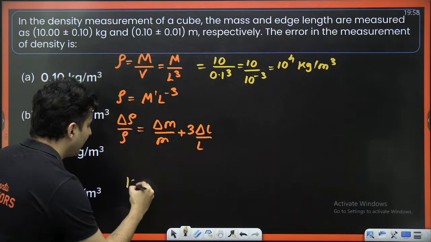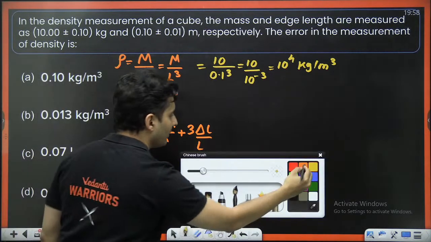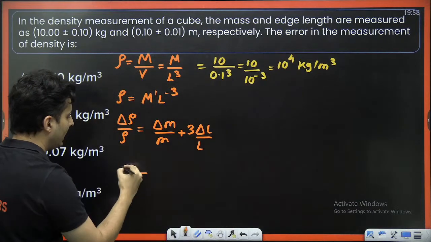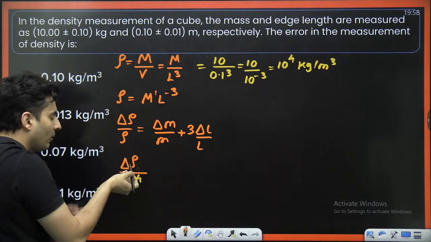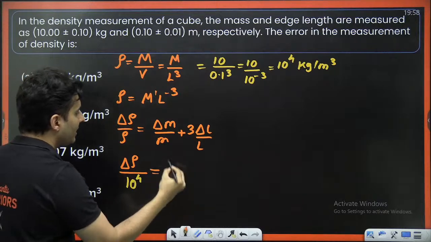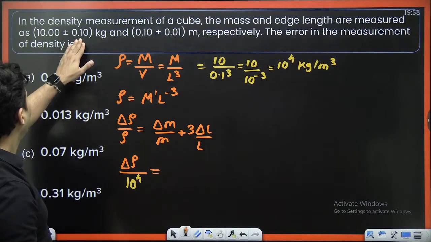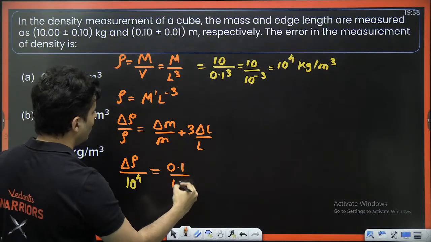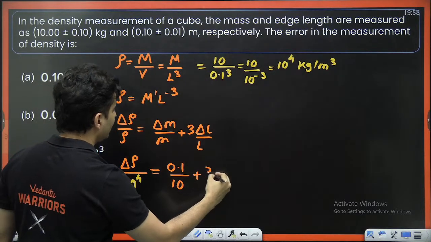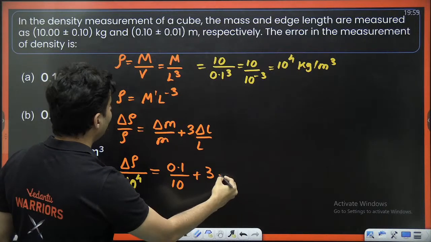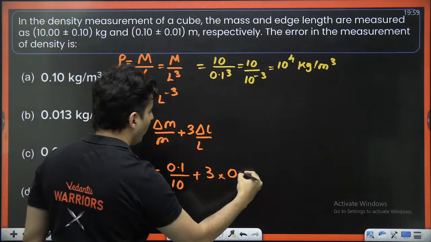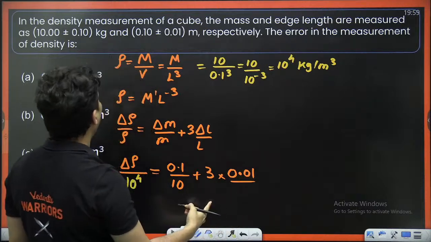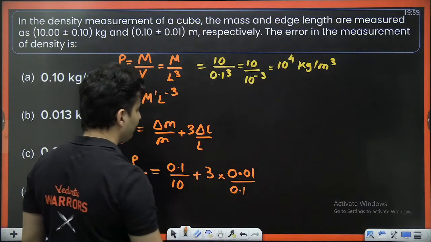So that 10 to the power 4, I will put it here below delta rho, which I do not know, I have to find that out, is equal to delta m by m. Mass has an error of 0.1 and original value is 10 plus 3 times of delta L, length has an error of 0.01 upon 0.1.